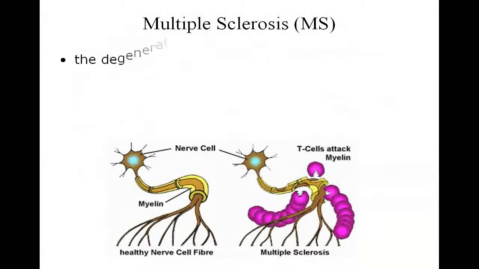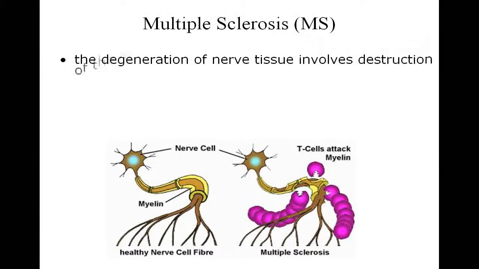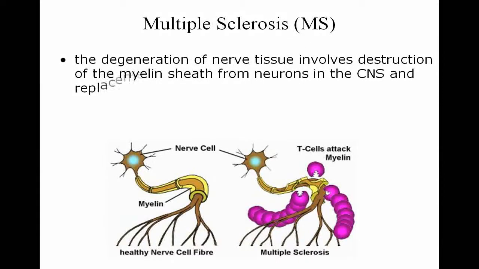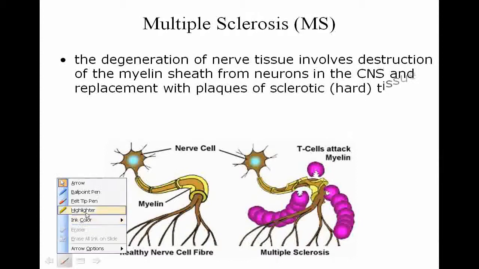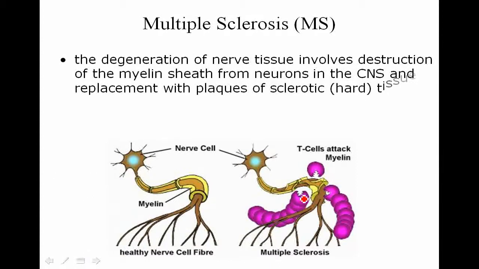In multiple sclerosis, there is degeneration of the nerve tissue. There's destruction of the myelin sheath on the neurons. I've got a picture here that kind of looks like a little worm eating up the myelin sheath. It's not really a worm, but that was a good picture to describe that the body's own cells attack the myelin, this protective insulation around our neurons.